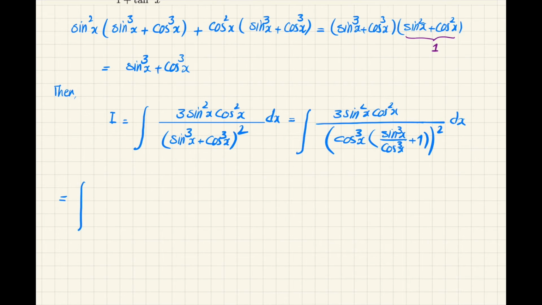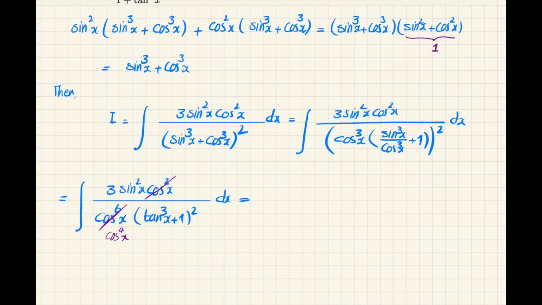So this becomes the integral of 3 times sine squared x cosine squared x, and then I have this cosine to the power of 6 x, and then I have tangent cubed x plus 1 squared dx. Then I can simplify two of these cosines with this cosine squared. So what is left for me is cosine to the 4 x.